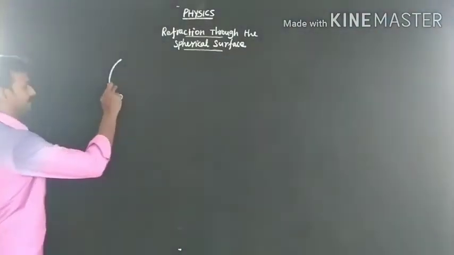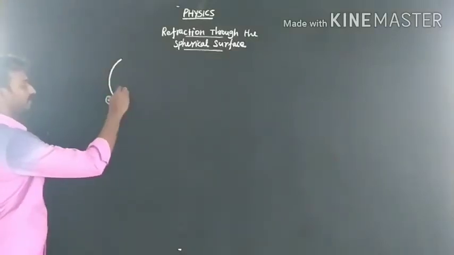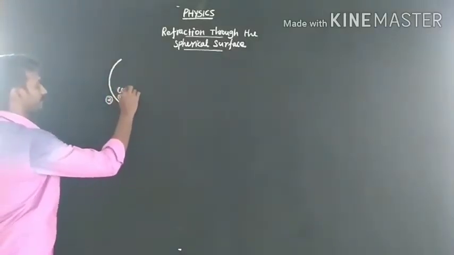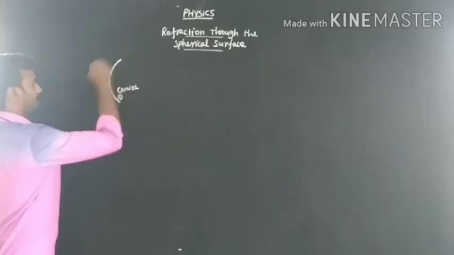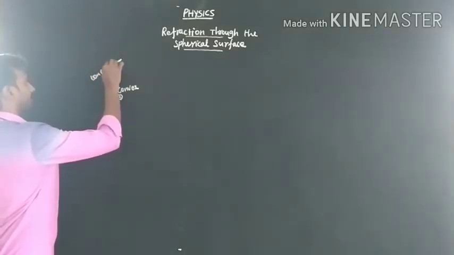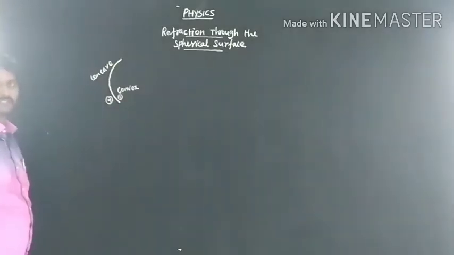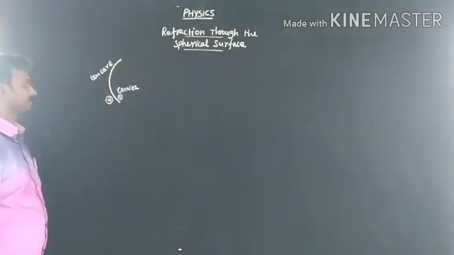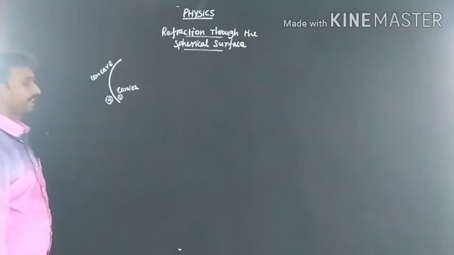This inner side is known as the convex surface and the outer is known as the concave surface. So the spherical surface has two faces. One is a convex surface and another one is a concave surface.